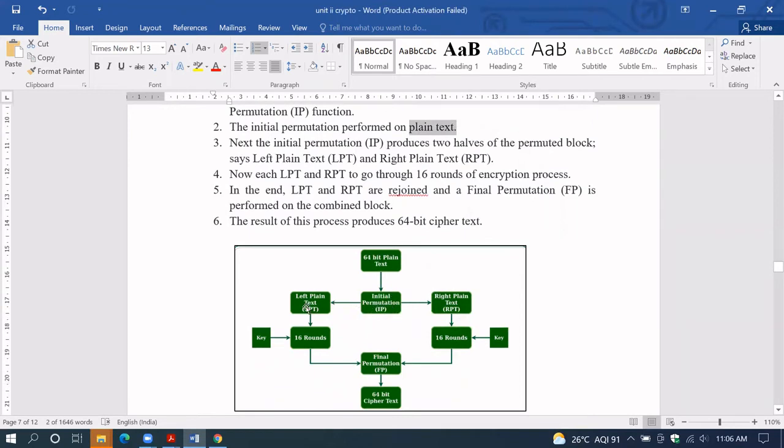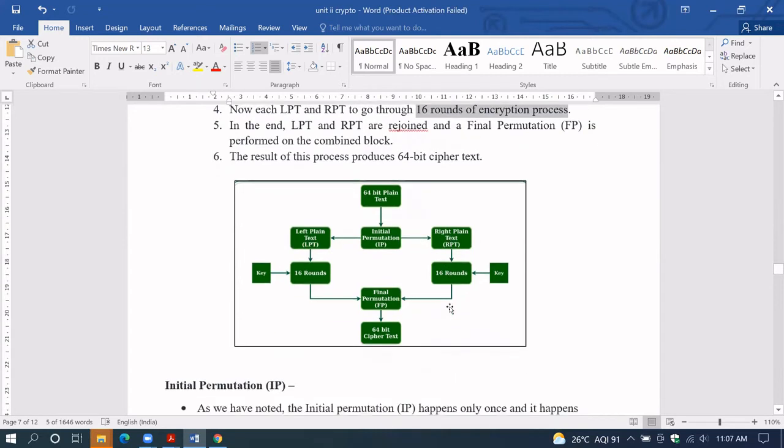One is the left plain text, second is the right plain text. And each will follow how many rounds? Totally 16 rounds of the encryption process. Finally, after using the corresponding 56-bit key, it is rejoined, and a final permutation function is performed to produce the corresponding 64-bit ciphertext.